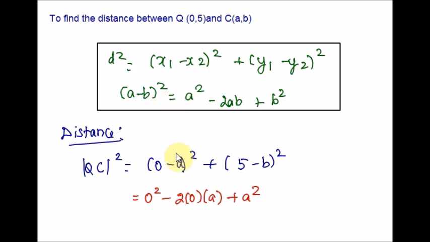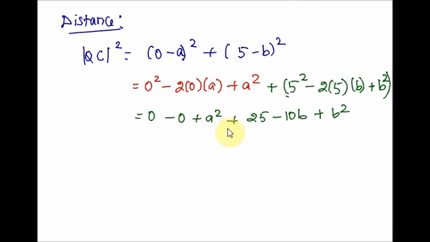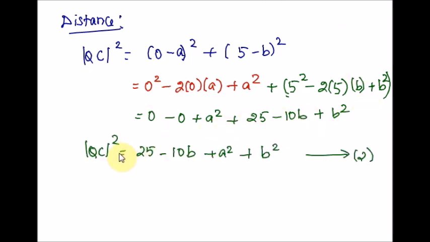If you expand (0 minus a) whole square, you will get this. When you apply the same formula for the second parenthesis, you get 5 square minus 10b plus b square. Let's simplify it algebraically by expanding the exponents and combining the like terms. So I'm getting 25 minus 10b plus a square plus b square. So this is the distance for the radius QC. Let this be equation number 2.